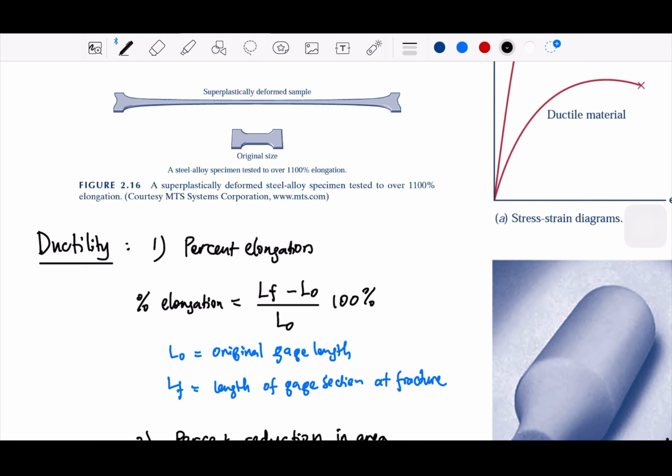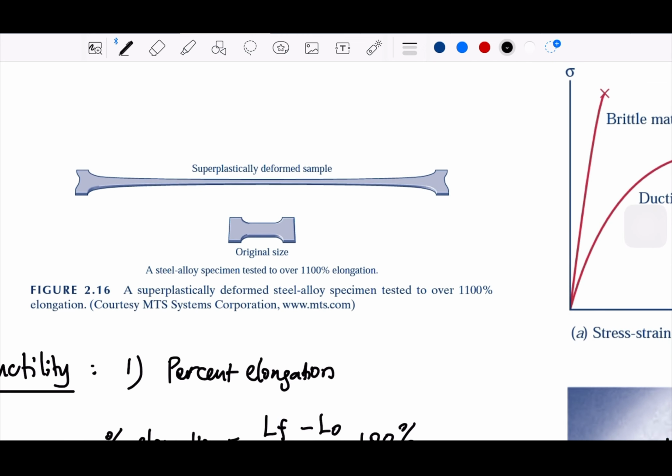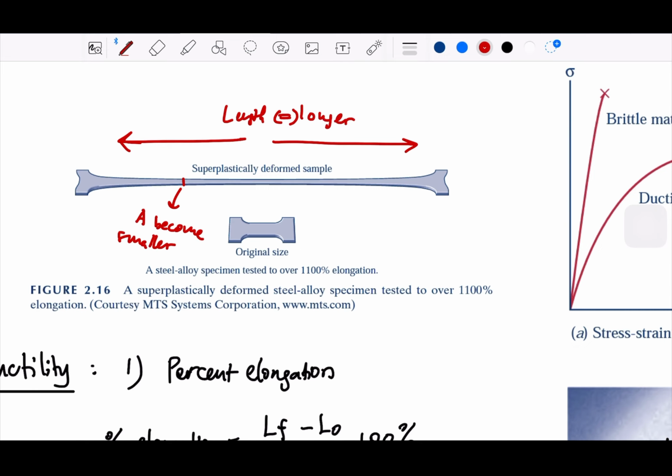If you see the original size, the length becomes longer, and the cross section, the area, becomes smaller, right? Length longer, and the cross section becomes smaller.